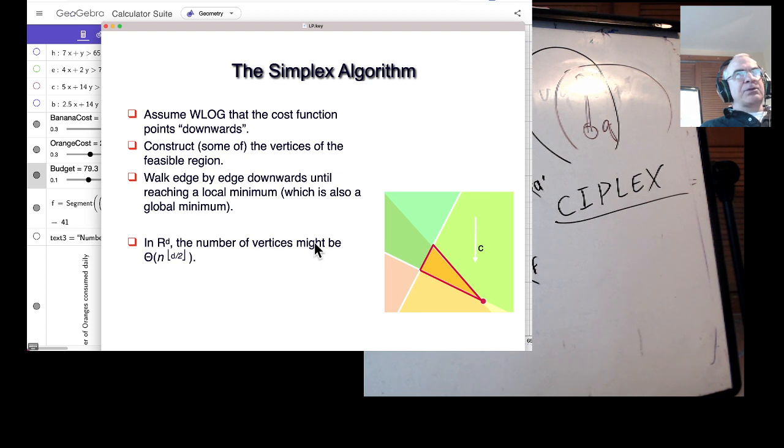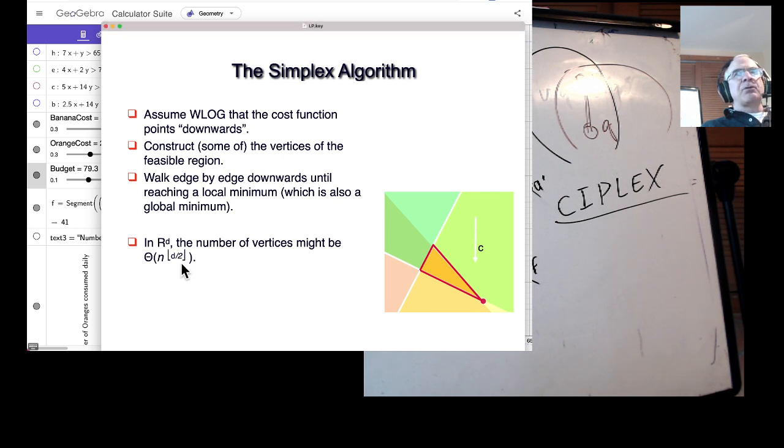The reason that it works so fast is that it avoids looking at the huge majority of the vertices, because if we are living in R^d dimensions and we have n types of vitamins, let's say we have d types of foods but n many vitamins, then the number of vertices in the feasible region is actually n to the d over 2. It's exponential in the dimension. It's the curse of dimensionality. Everything becomes worse and worse as the dimension goes up.